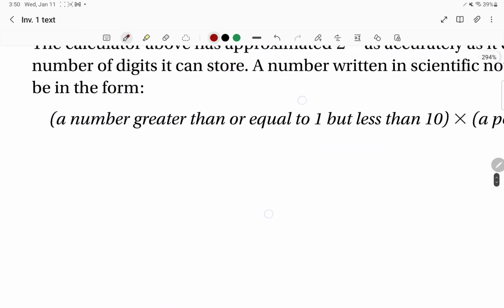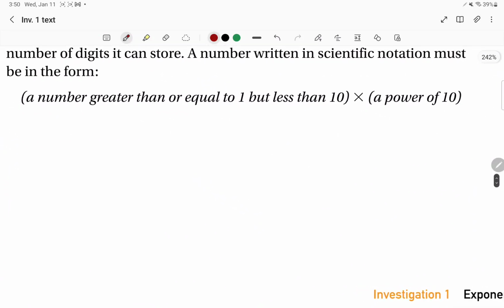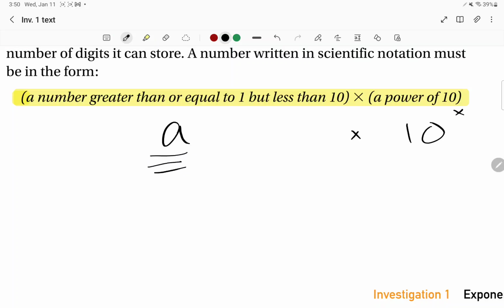That's what this statement is saying. So make sure you get this down. It's saying this A number, remember this was my A times 10 to some power, this A value needs to be a number between 1 and 10, and we're going to talk about that.